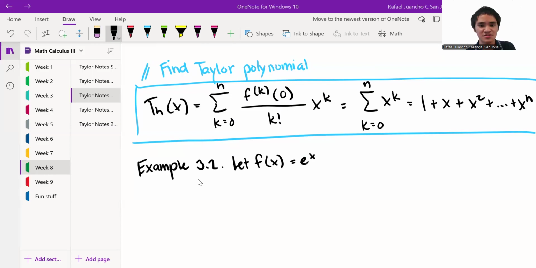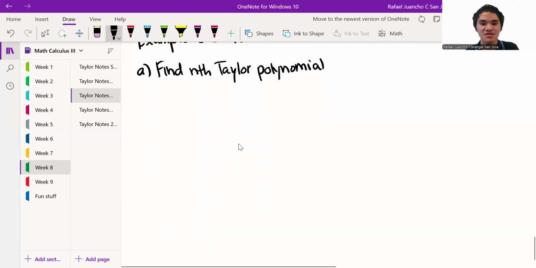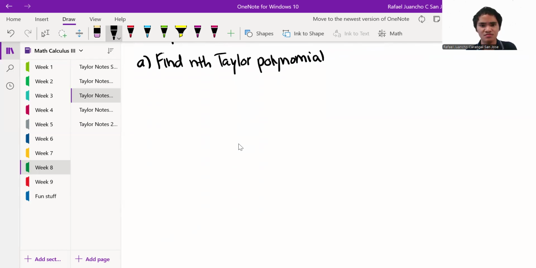So an exponential function. First thing we want to do is find the nth Taylor polynomial. Heck, I might even do some exercises after. We'll see. But I feel like the video is taking too long. So that's t sub n of x for f, our function f.